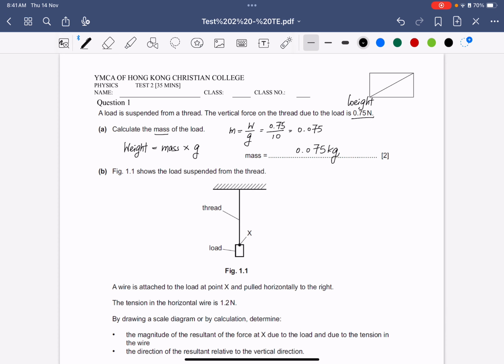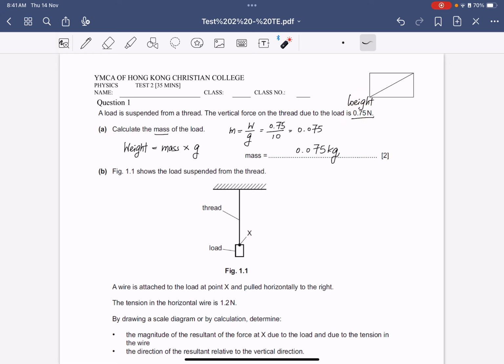Now the difficult part of this question is that some of you may not realize that the vertical force on the flat due to the load is the weight. This is one mistake, and because of that, some of you will think that this is the mass.